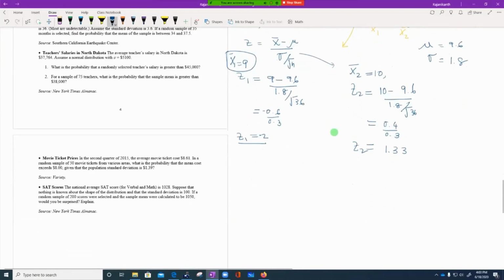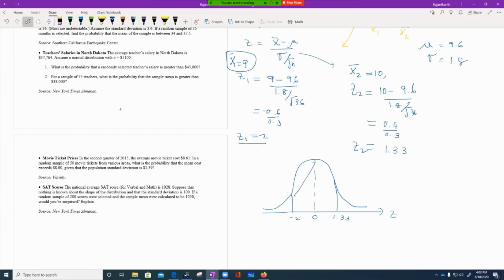Now, if you draw the new picture for the standard normal, the center point is now 0 for the standard normal always. My x1 bar, 9, is now going to be negative 2 in the standard normal picture, and x2 bar, 10, is now going to be 1.33.